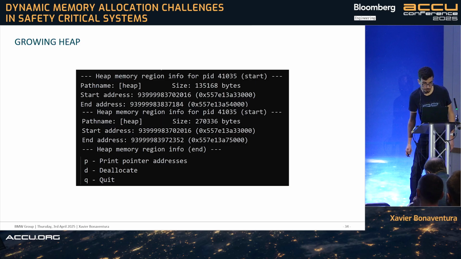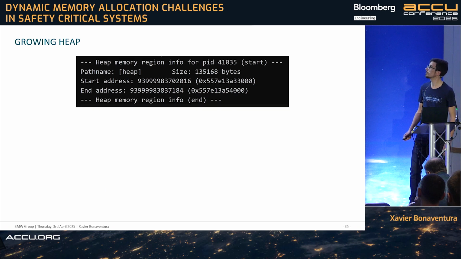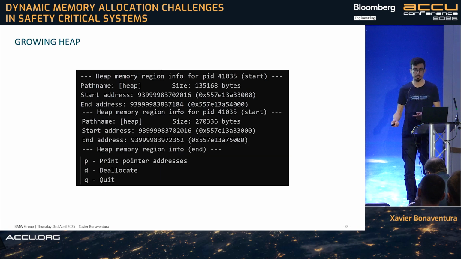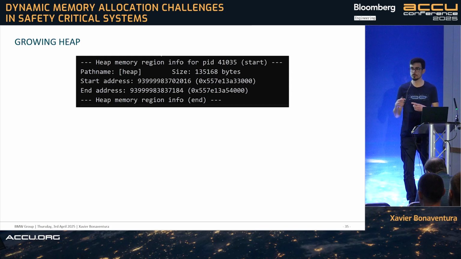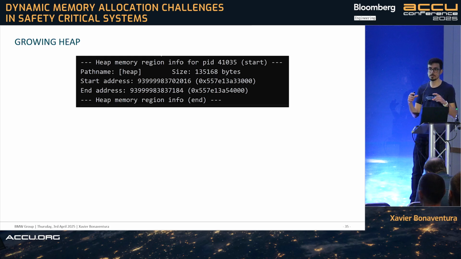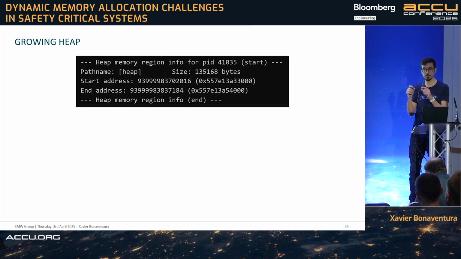You can allocate, you can deallocate, or you can print the pointers of all the allocations. And this program, at the very beginning, in a programmatic way, introspects these sections of the program. It searches for the data segment in memory that is called heap. We saw it has a name. And we print the size of the heap, and we show where it starts and where it ends.